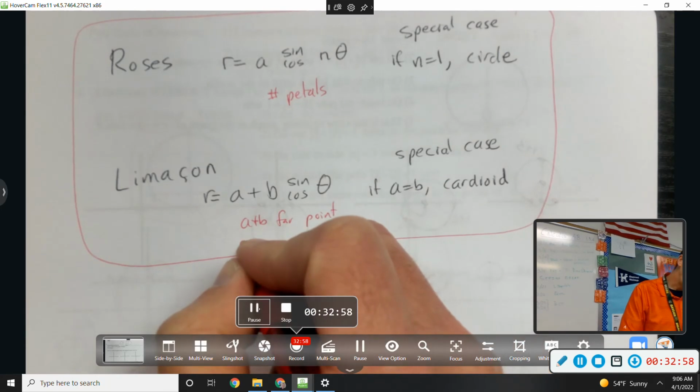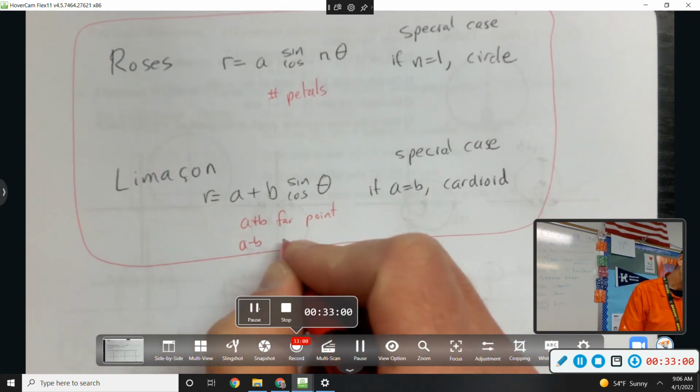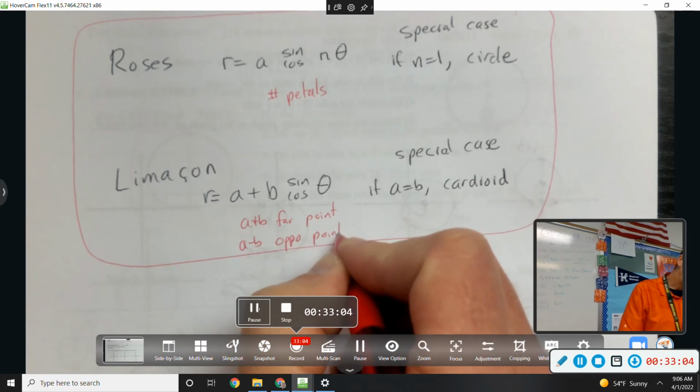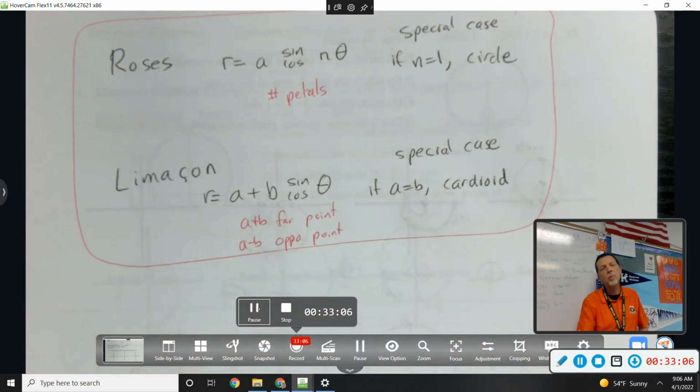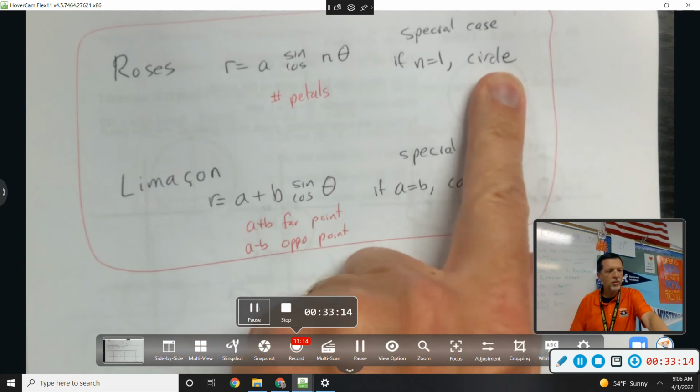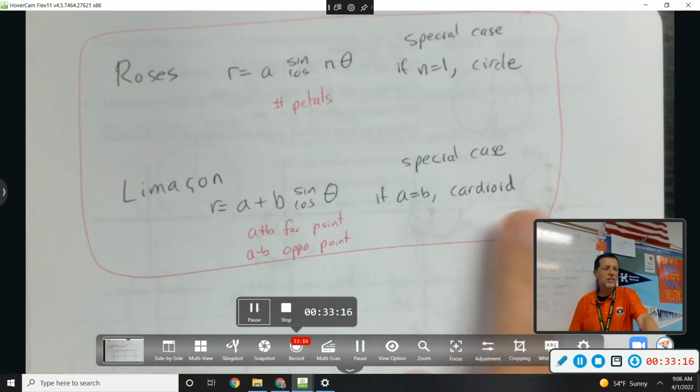A minus B is the opposite point, I guess you could call it. And I mean, there's more to it than that, but trying to simplify it so it doesn't feel like there's 4 completely separate things going on. There's 2 things going on. Roses that have a special case, limacons that have a special case.